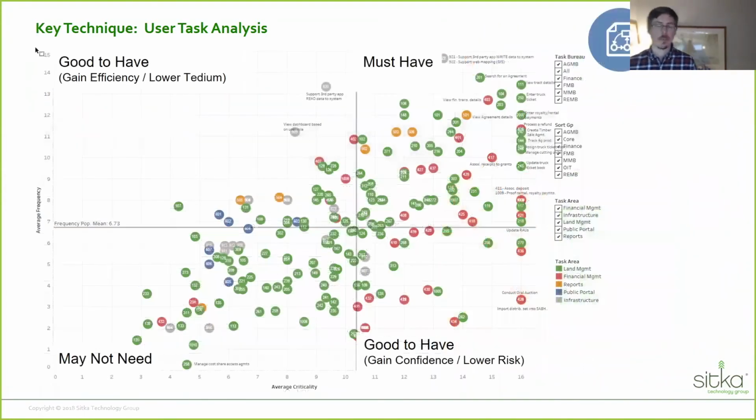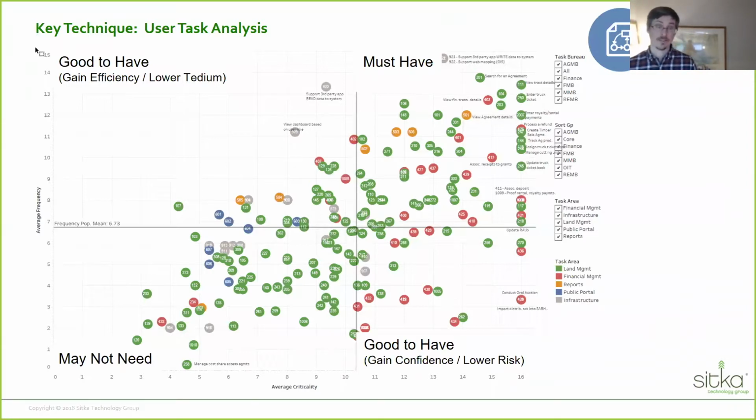And if you're thinking about process improvements, you can create a quadrant view here that lets you map each task out on an average criticality scale and an average frequency scale. And what this tells you is stuff up here in the northeast will be must-have functionality we should consider improving.